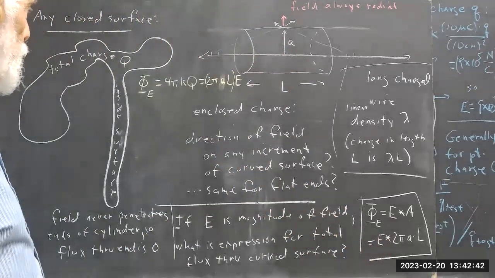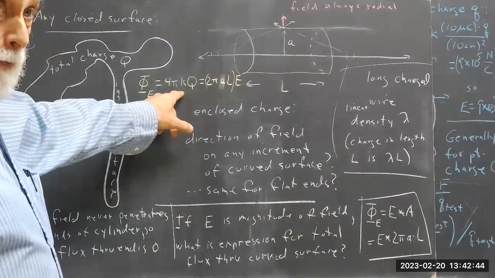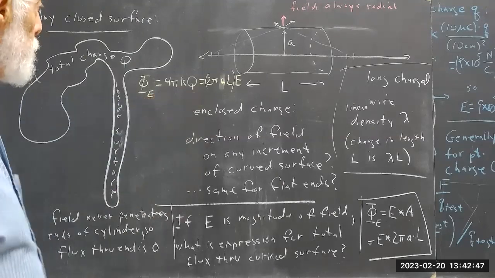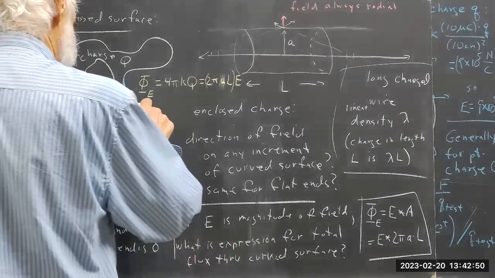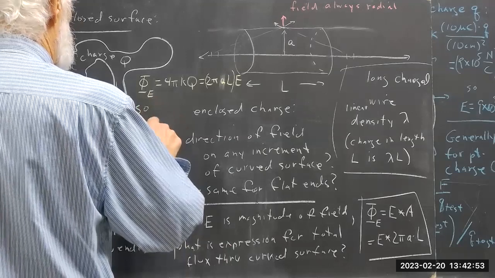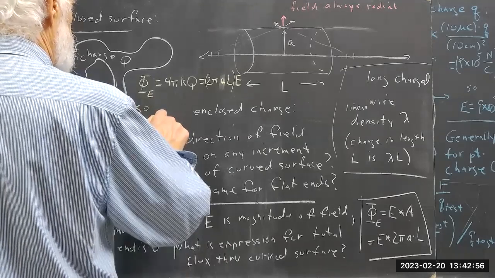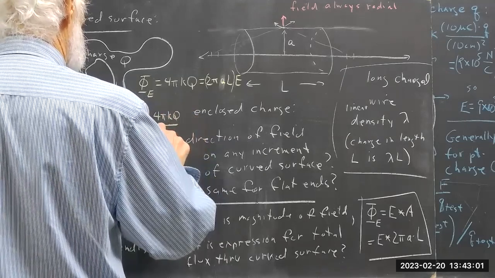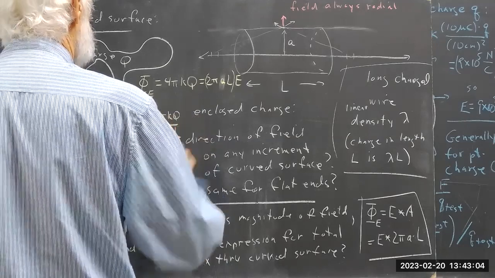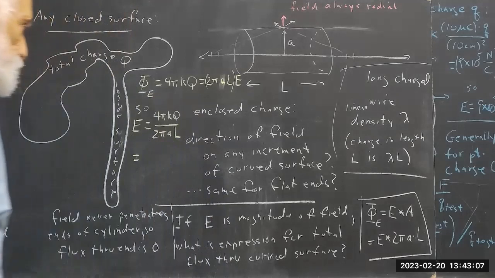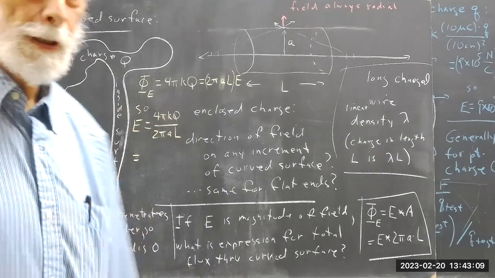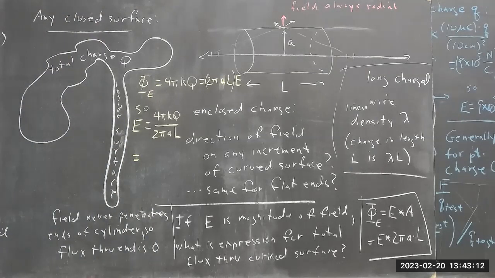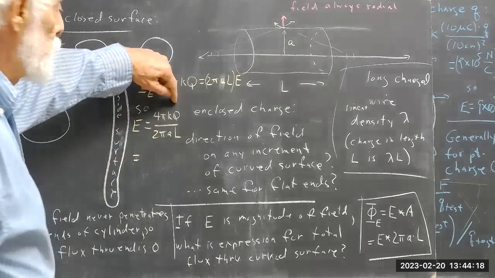I just rearranged it with the E on the end. Here's another expression for the flux. Well, we can solve that for E. Four pi KQ over 2 pi A L. But what's Q? Okay, so there we have it, but what's Q?